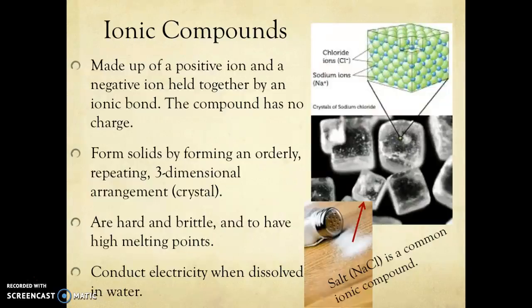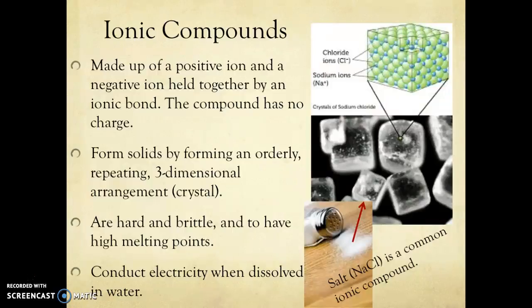The charges of the ions held together will balance out. So sodium, when it gives away the electron, has a positive charge. Chlorine gains an electron, so it has a negative charge. So we have a positive and a negative. Those two balance out, so the compound as a whole has no charge. It's neutral.